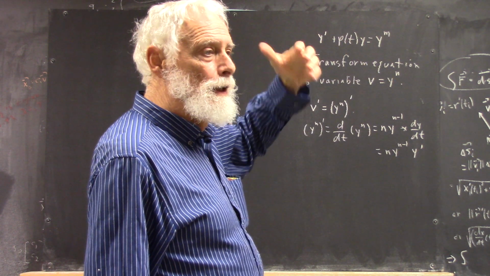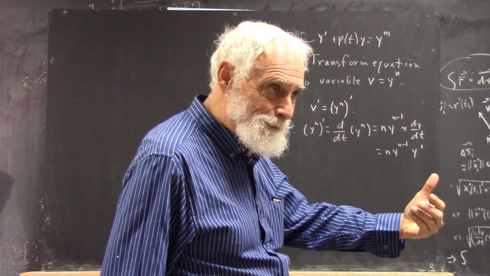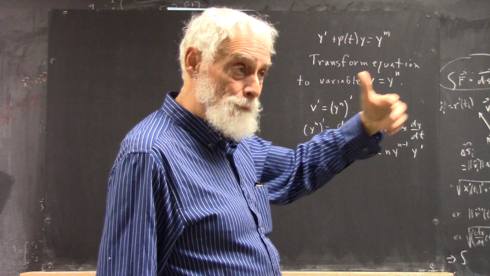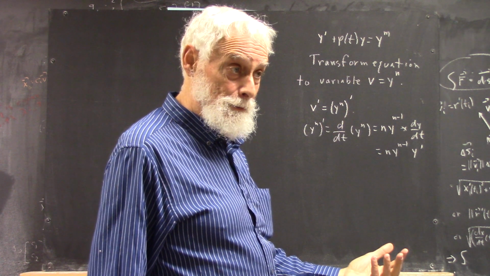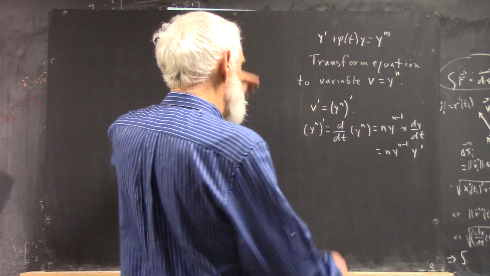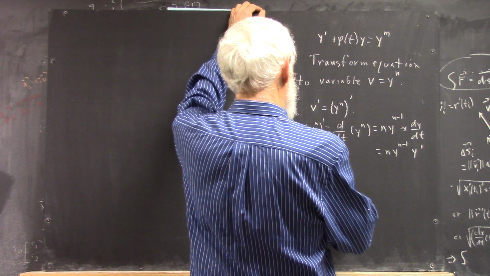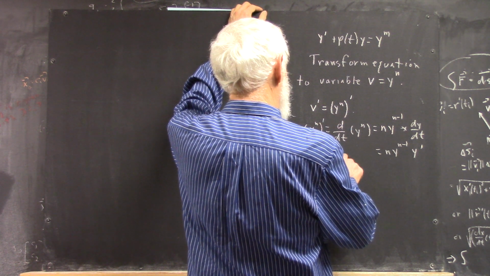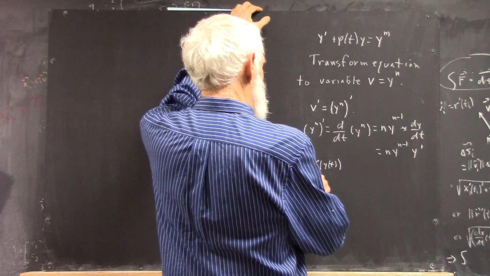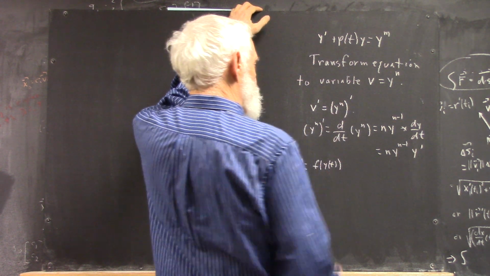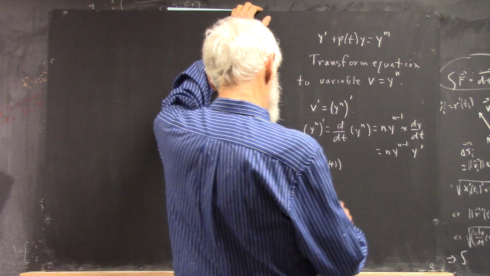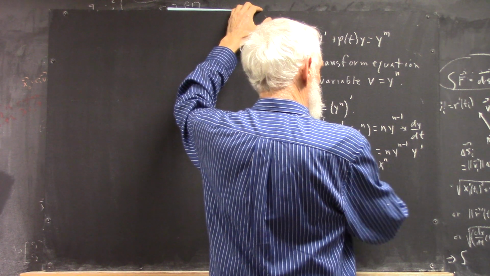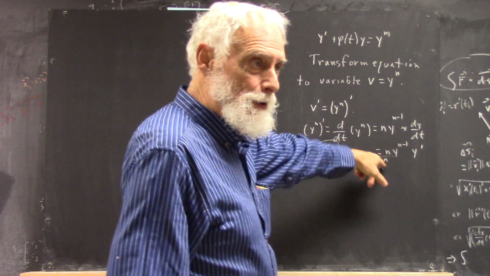So it's like f of g of t, where f is the nth power, and g is your y function, right? So this is an f of y of t. F of whatever its variable, x, being the nth power, right?